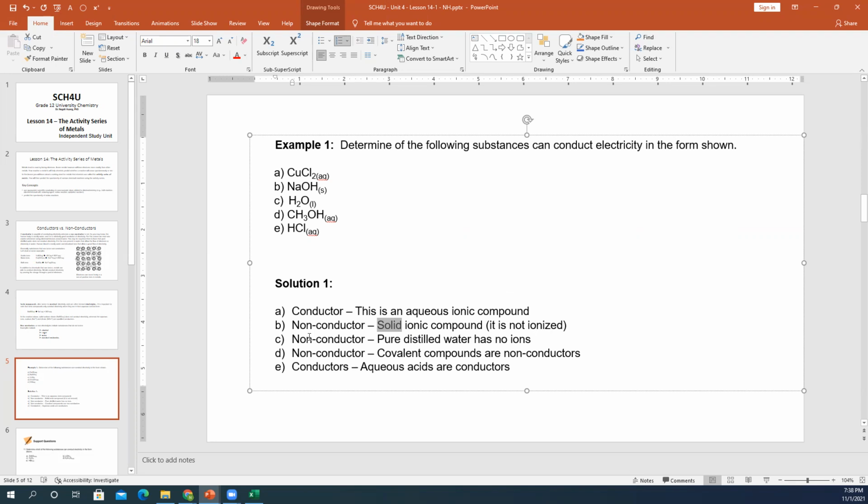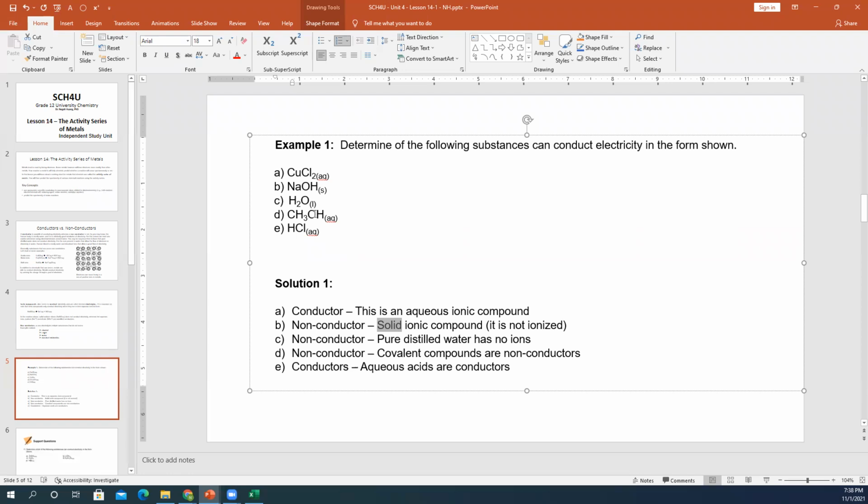Water, as we said, is a non-conductor. Pure distilled water has no ions, no impurities, nothing in it except H2O. It does not conduct electricity if you have absolutely pure distilled water.